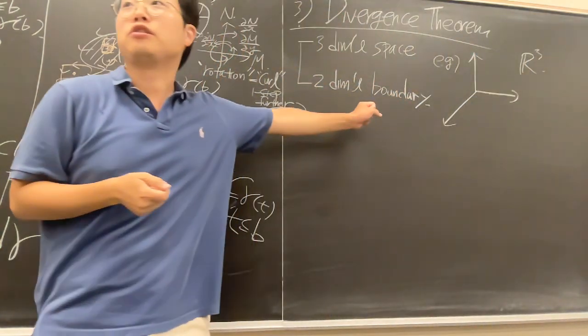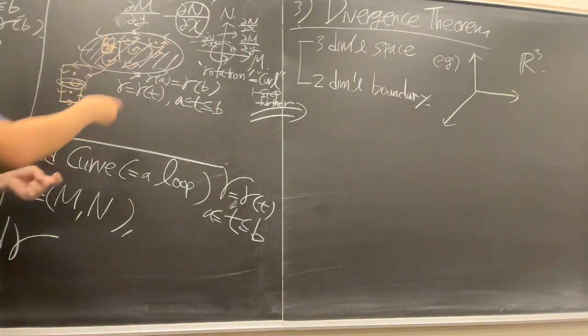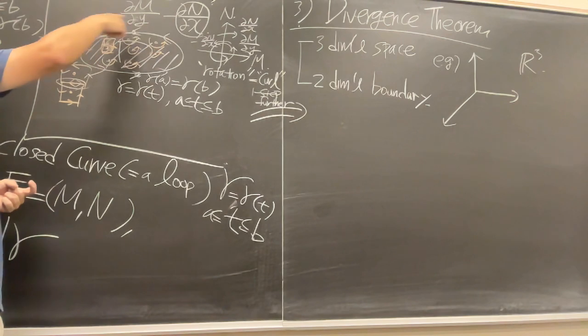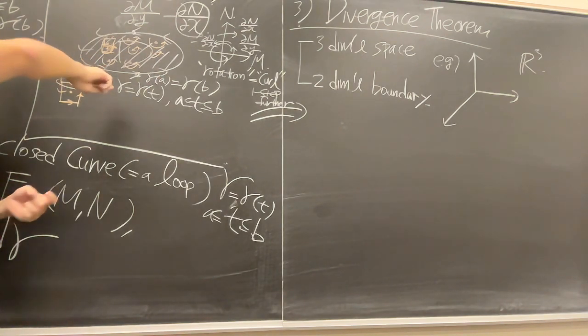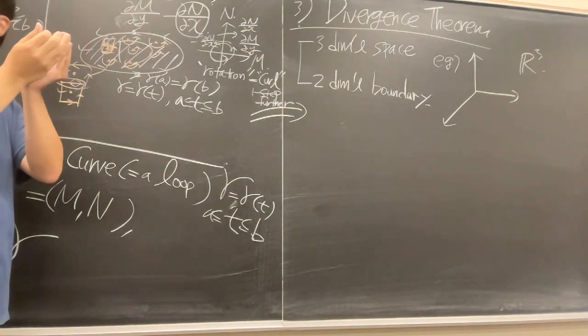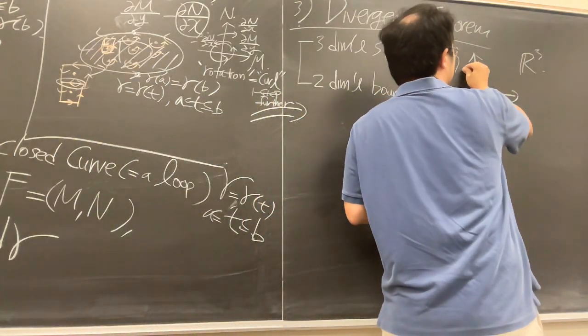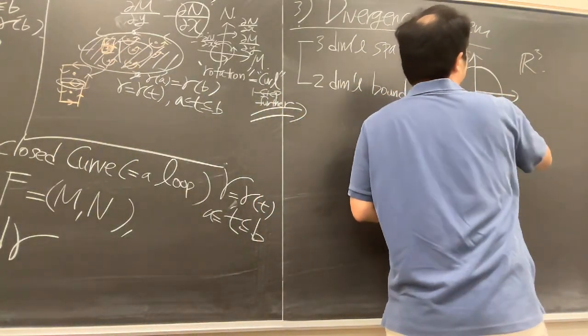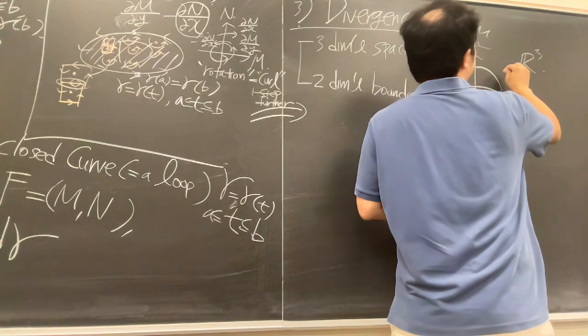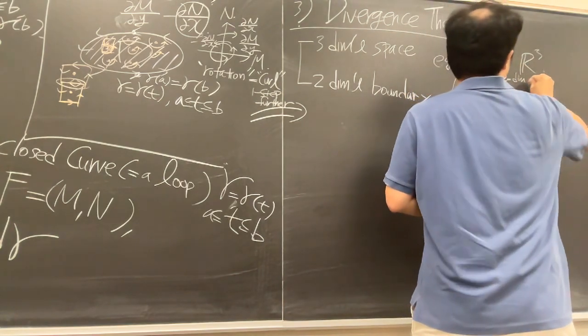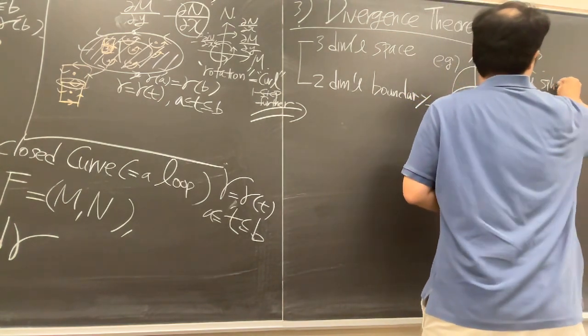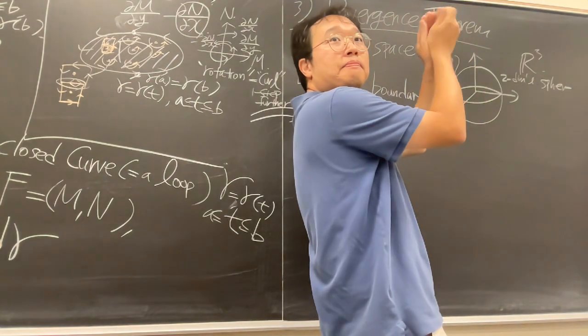What you now need to make, compared to this case where the loop was the boundary, is a two-dimensional object as a boundary. So for that, let me look at the two-dimensional sphere. I'm just talking about the surface.